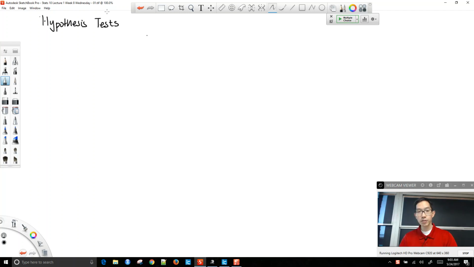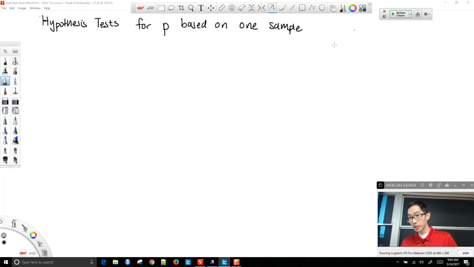Today the test we will look at is hypothesis tests for P, the population proportion, based on one sample. Most likely tomorrow we will look at hypothesis tests for P1 and P2 based on two samples, but today we will look at the case with just one sample.